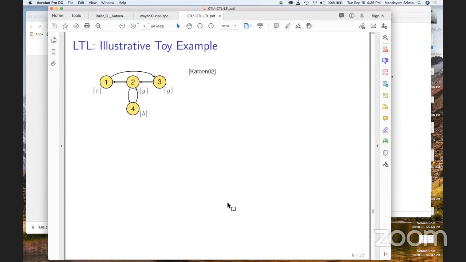Now some examples to kind of wake you up, if I may say so. Here is a transition system. By the way, I've chosen this example from a book, one of whose authors is Katoen. I'll also upload this book. This book is very verbose, but in some chapters it can complement what I have designated as the reference book for the course.